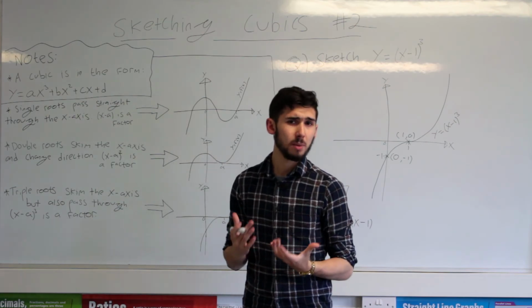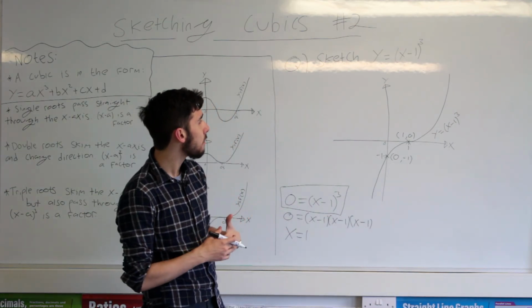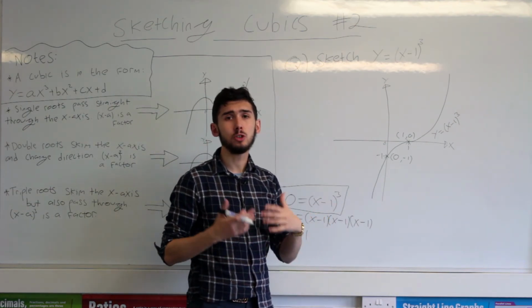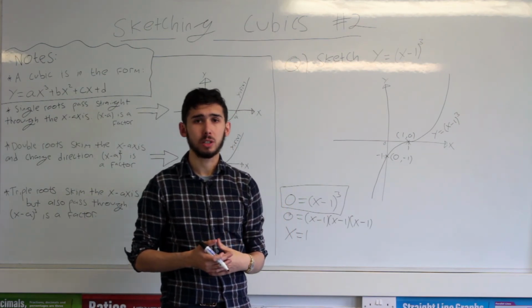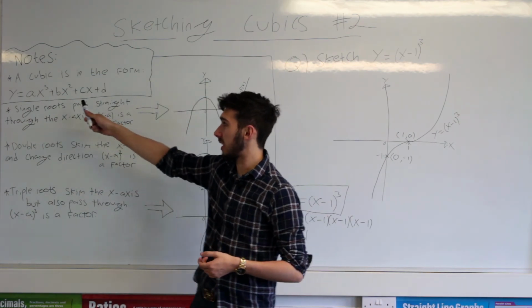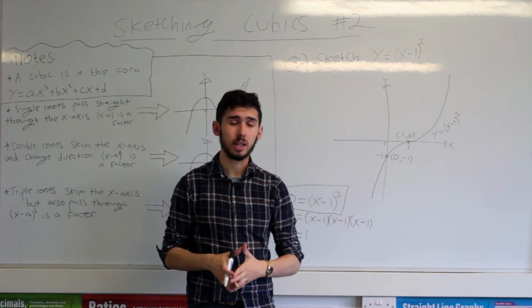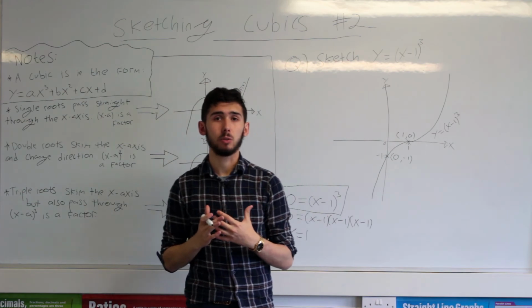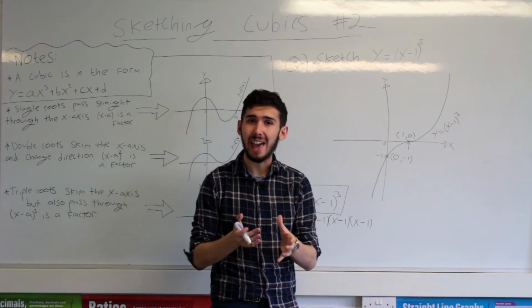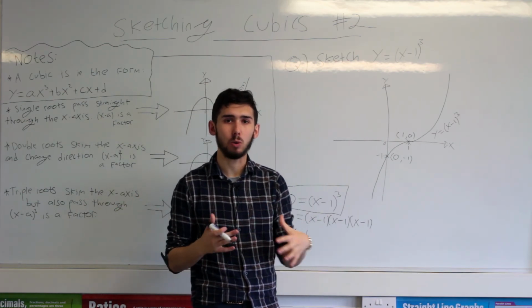One final thing I will say about this topic is if you ever get a y equals and it's not factorized, so it looks more like this, if you're this early on in the A level, you will be able to factor it because you can just take an x or some multiple of x out of it, okay?